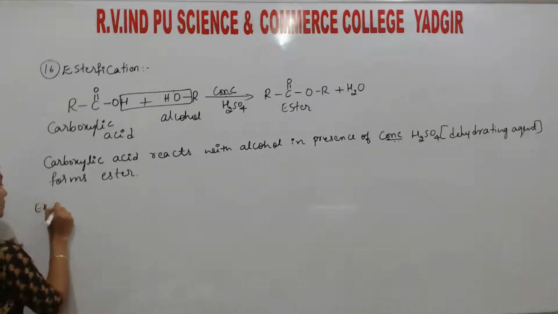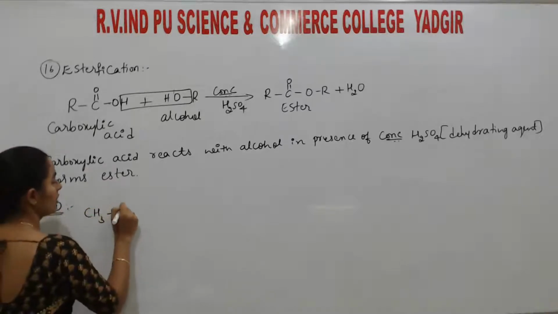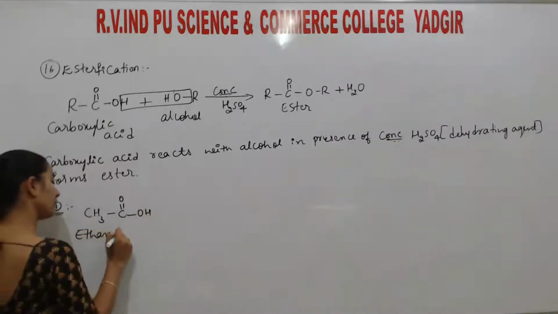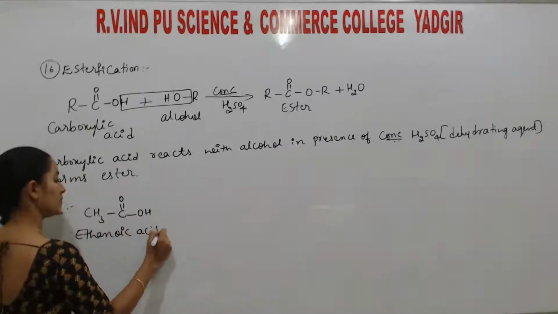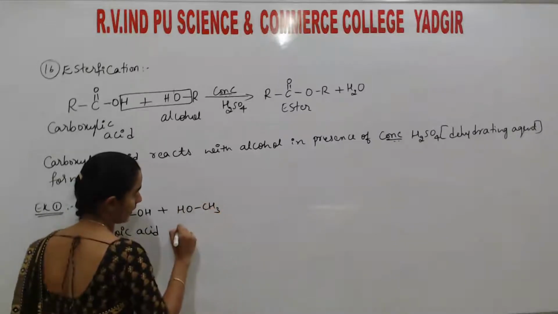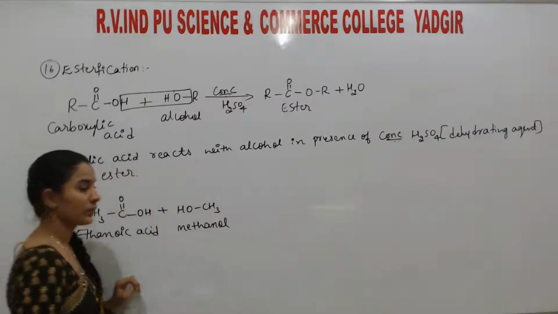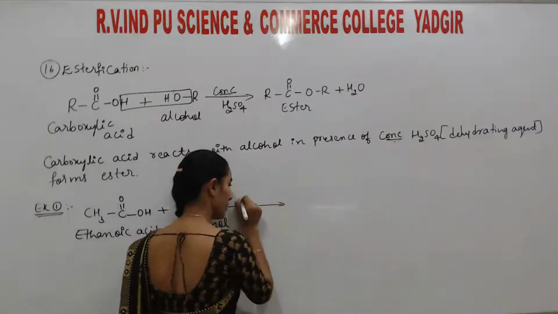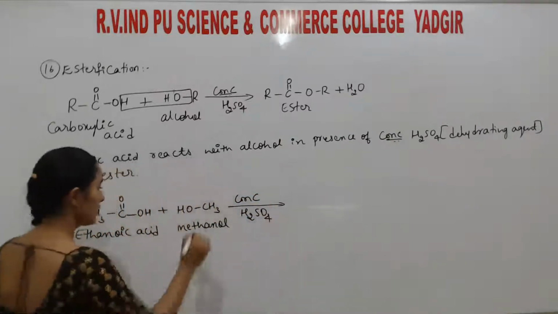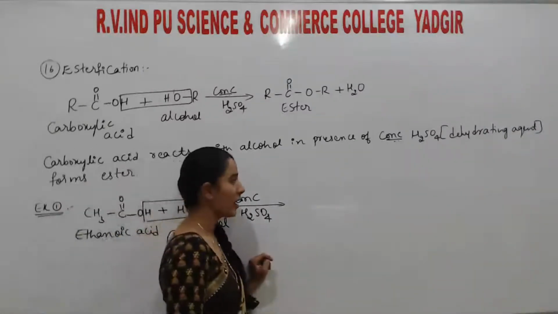For example, take ethanoic acid plus methanol. When they are made to react in presence of concentrated H2SO4, the water molecule is removed from the acid as well as the alcohol.